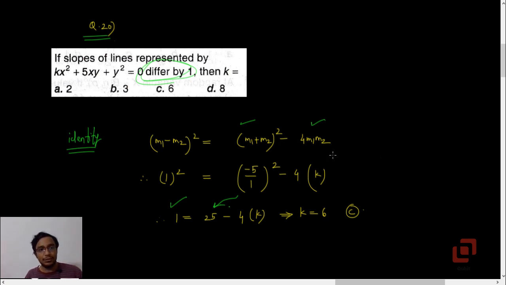Then the product of the roots m1 m2 is a by b, where a is k and b is 1. So that gives us 1 equal to 25 minus 4k, which implies that 4k must be 24, or k must be equal to 6. That is option C. A very simple problem.